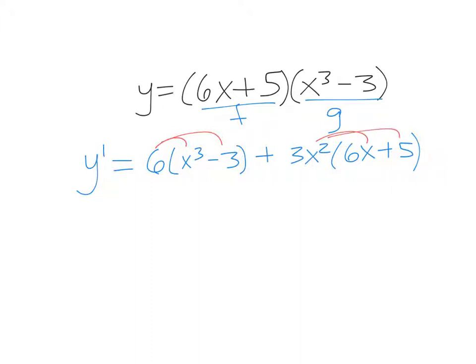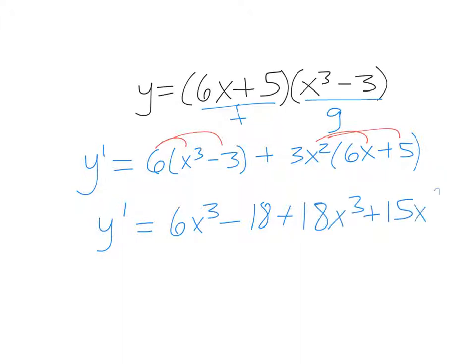They went from hard to easy. I don't know why they were ordered that way. It's fun, though. Okay? 6x cubed minus 18 plus 18x cubed plus 15x squared. So you end up with 24x cubed plus 15x squared minus 18.